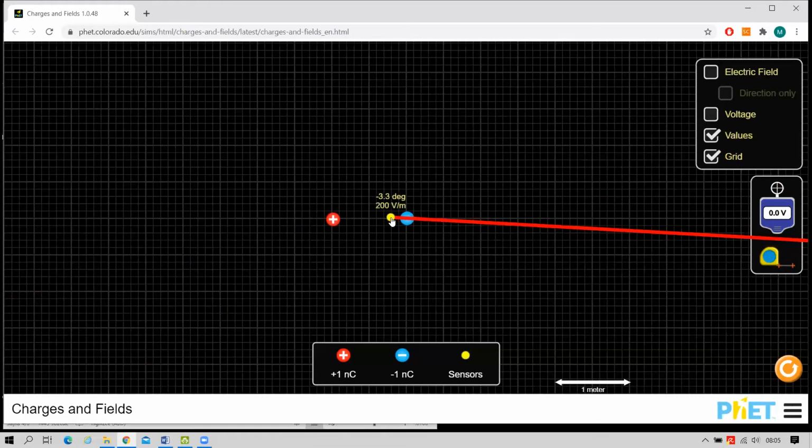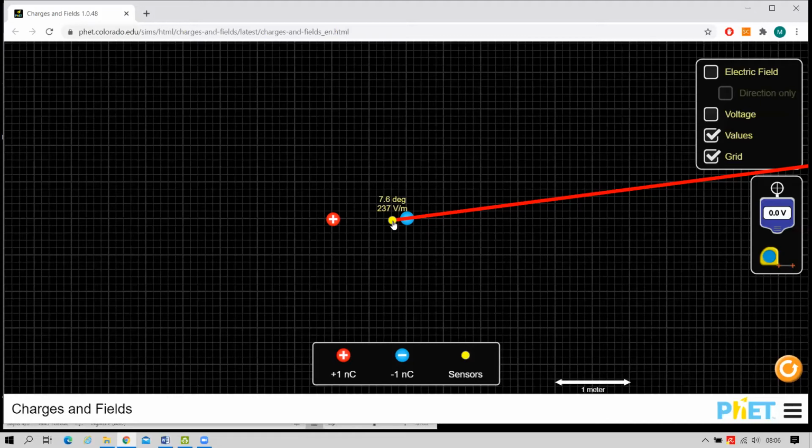Whether you are close to the positive side or closer to the negative side, the electric field is always pointing toward the right. So this is the description, and you will type these descriptions. Of course, you can also tell something about the strength.